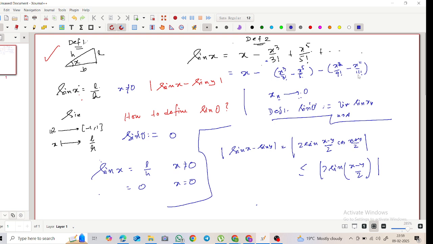So these are all positive quantities. We are subtracting from x a few positive brackets. So sin x is always less than or equal to x. But the problem is that you don't have the definition yet.